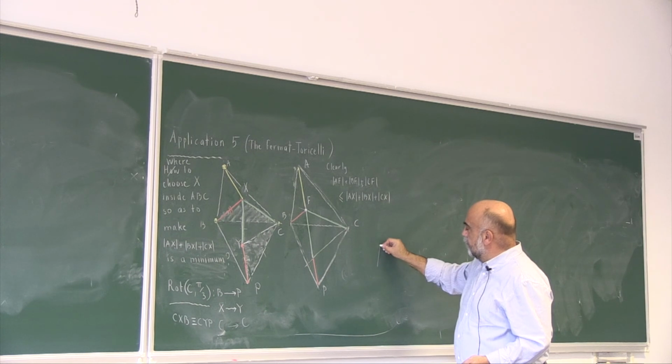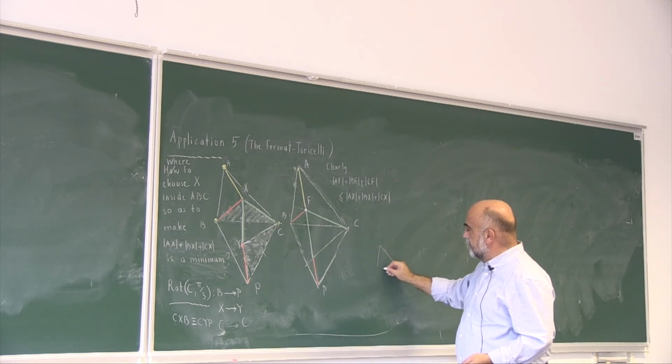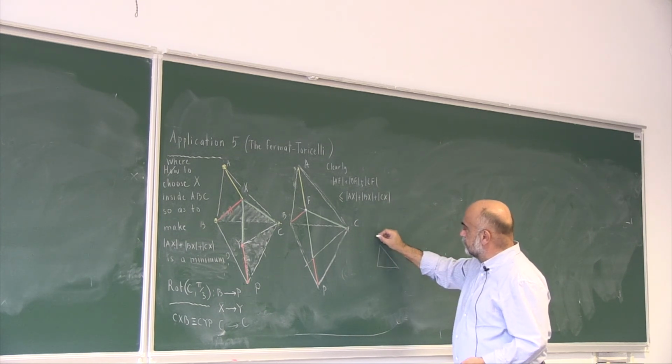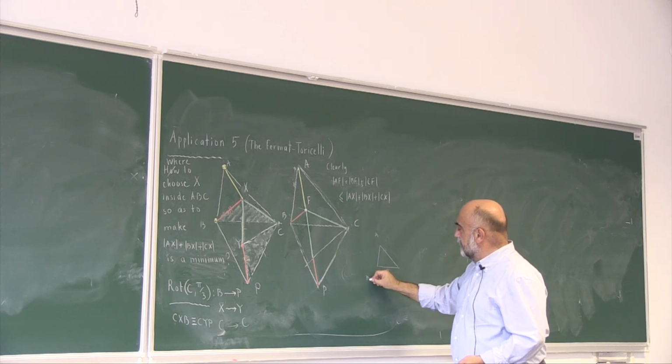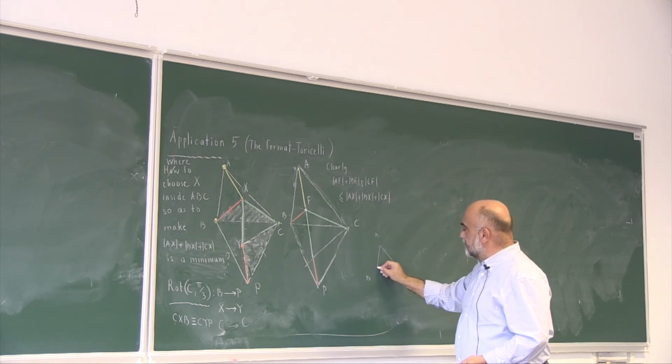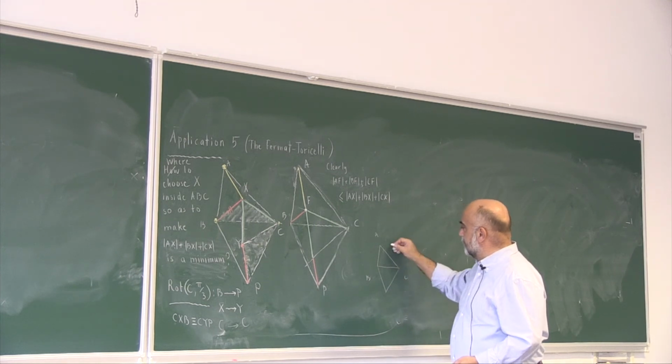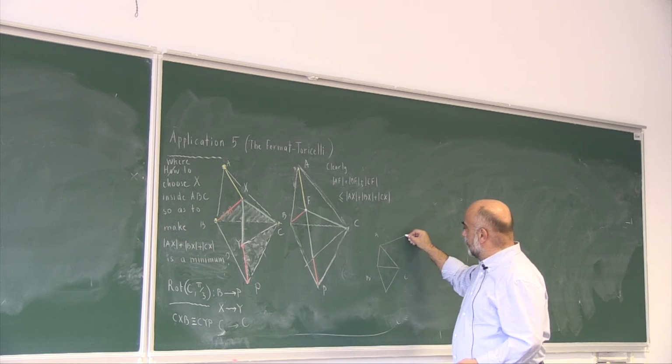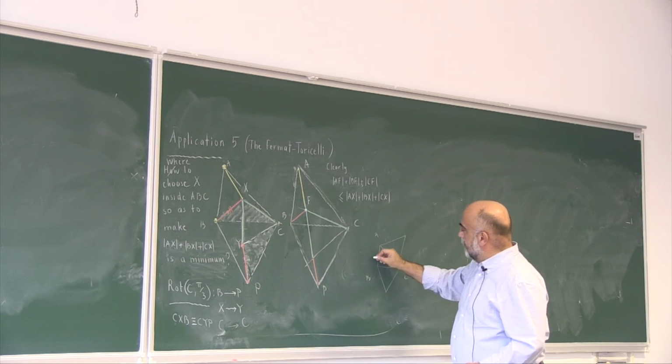So the point F can be constructed as follows. You take your triangle ABC, and on each side you erect, so to speak, an equilateral triangle, like this.